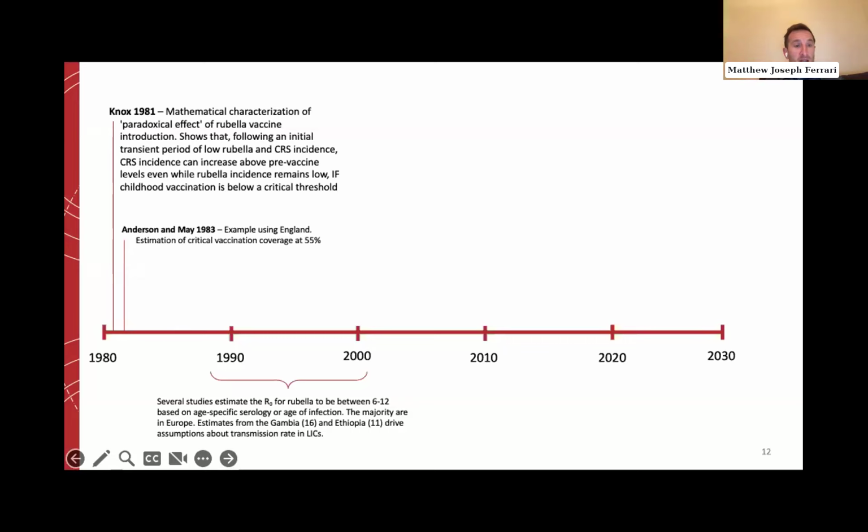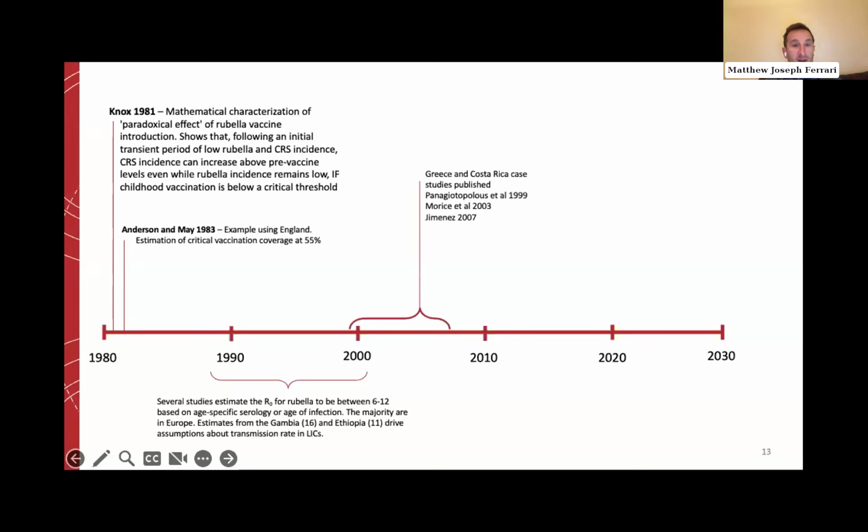The majority of that work was done in Europe and estimated comparatively values between 6 and 8. And estimates that were done based on data from the African region, particularly in the Gambia and Ethiopia, gave some of the highest estimates that were available. And those became then the basis of the assumption of relatively high transmission rates for rubella in most of the African region.